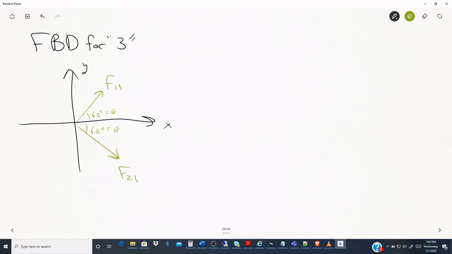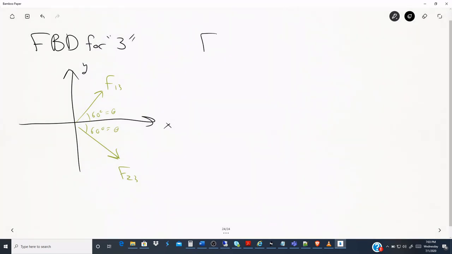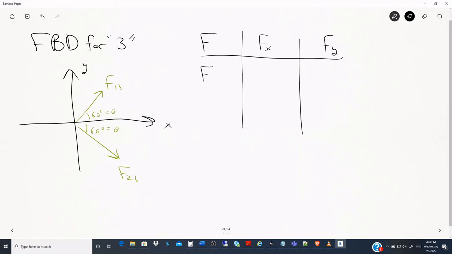So now let's go ahead and make a force chart. I have force in the x direction, force in the y direction, and I have the force that 1 exerts on 3 and the force that 2 exerts on 3.